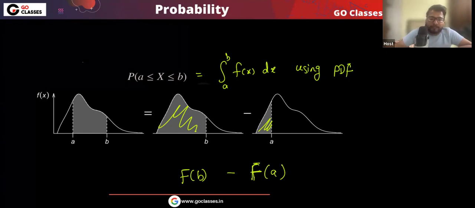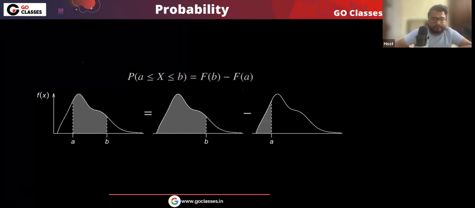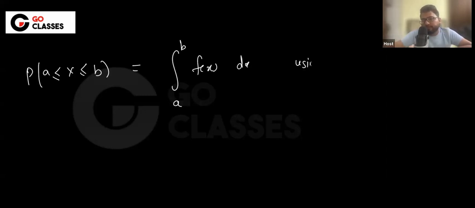So I can say that if you want to find out the probability that x is between A and B, then obviously using the PDF you can do it like this, and using the CDF also you can do it. How?